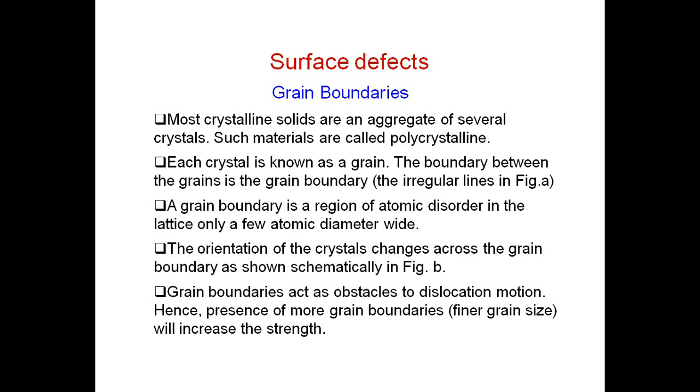This defect may be caused during the solidification or the mechanical or thermal treatment of the material. In surface defects, again we have different types: the grain boundary defect, twin boundary defect, the low angle boundary defect, the high angle boundary defect, and stacking defects.